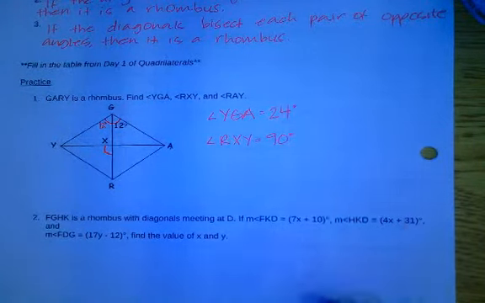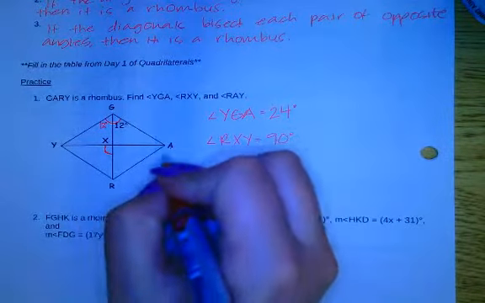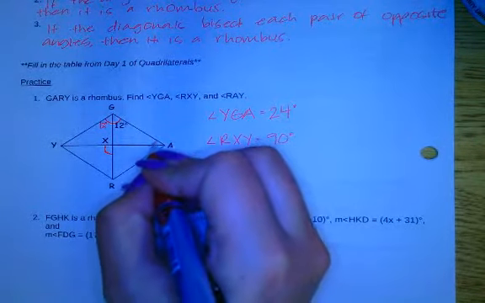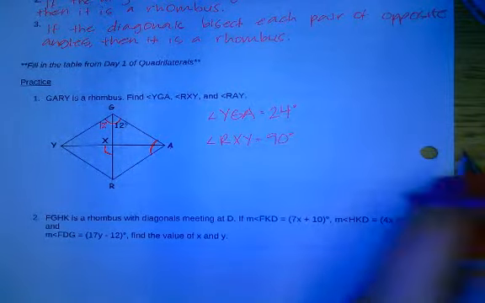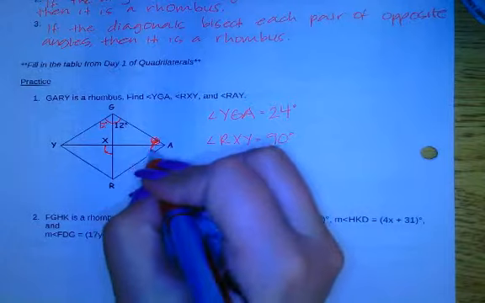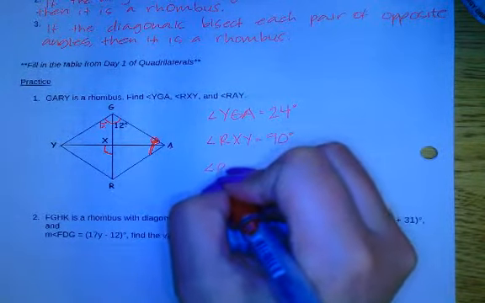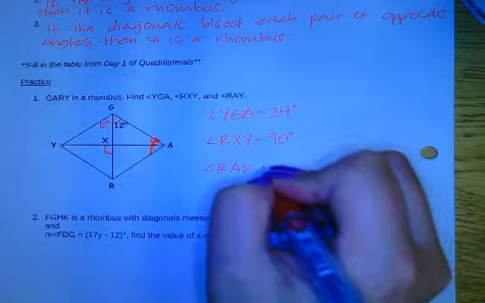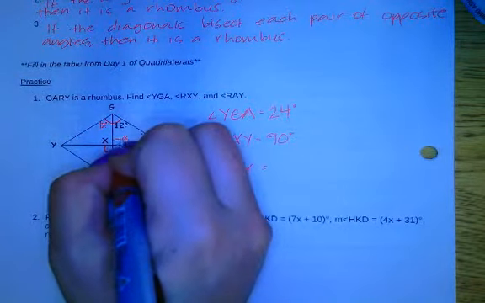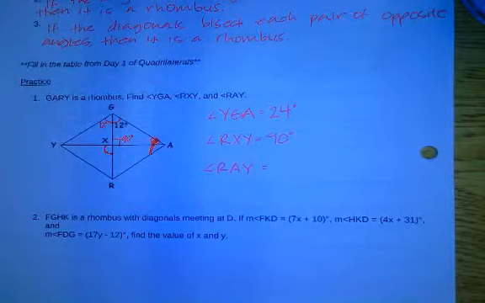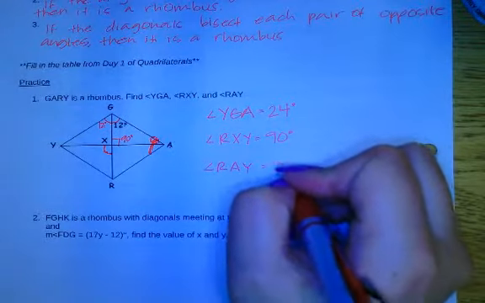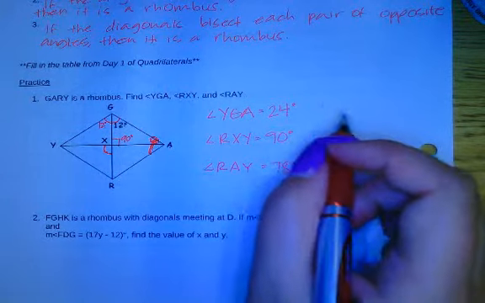And the last one, RAY. So what is RAY? 78. How is it 78? Subtract 24 from 180 and divide by 2.